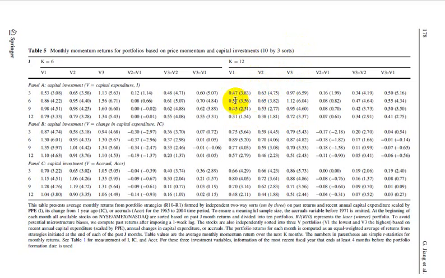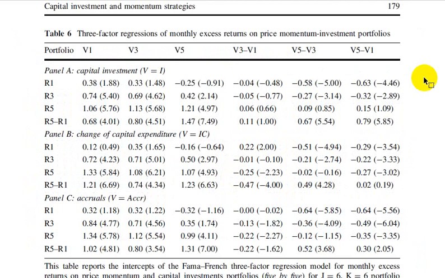So we see there's a monotonic increase in returns with each increase in the level of investment, at least with the capital expenditure measure. And in line with the prior tables, we see that the change in capital expenditure has sort of a U shape in returns as the level of capital expenditure increases from the prior year, and same with the accruals.